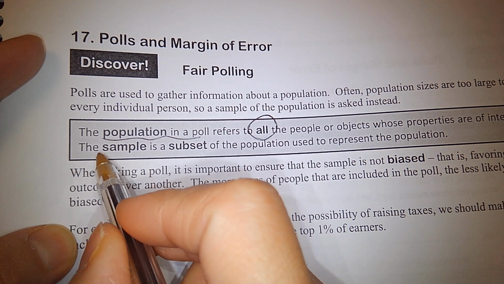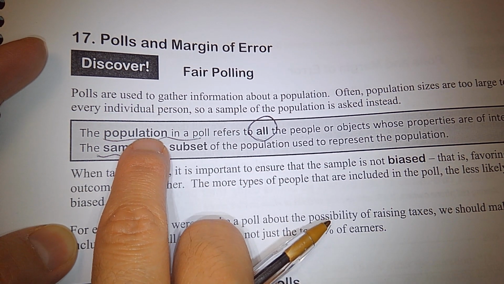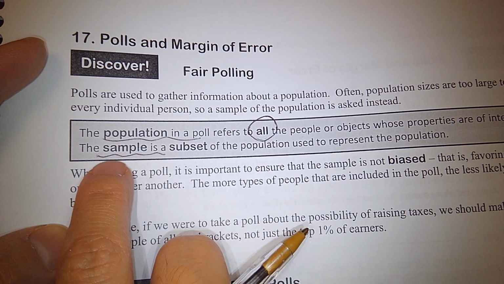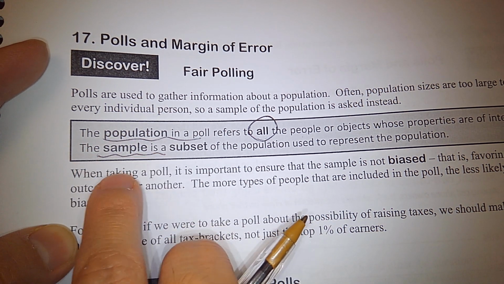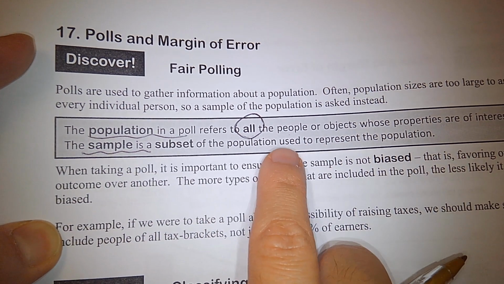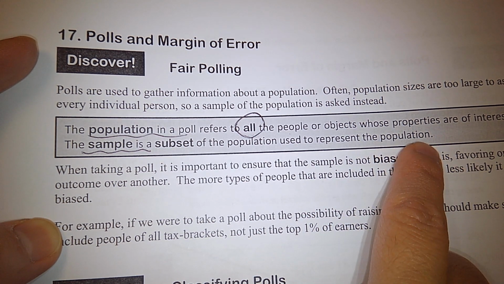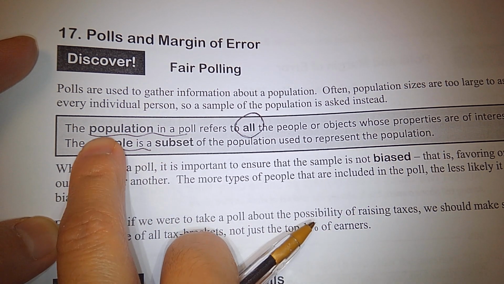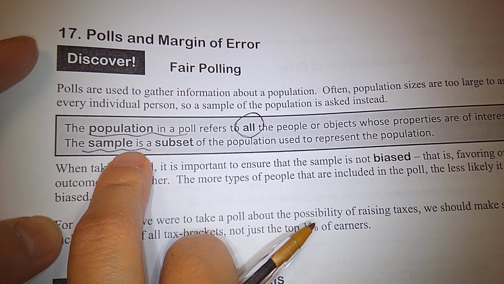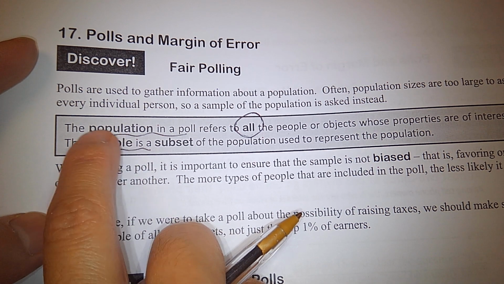We can only study a sample because population is too huge. A sample is a subset of the population used to represent the entire population. So we can only study a sample, and then the conclusion we get from the sample will say something about the population.